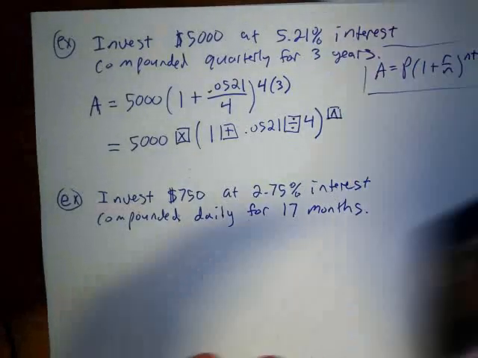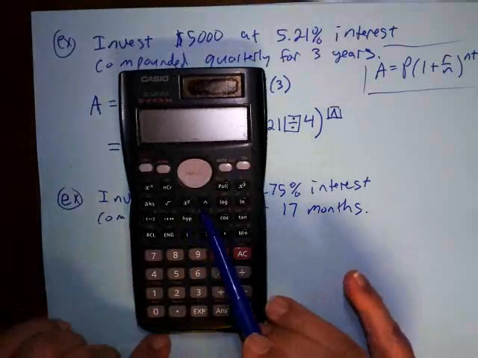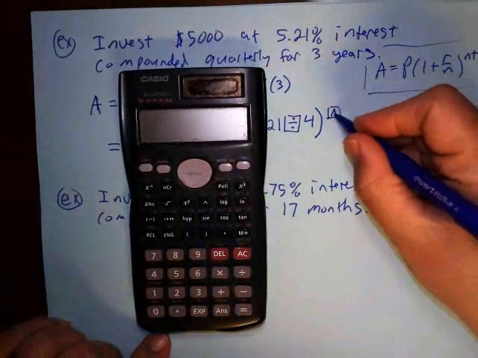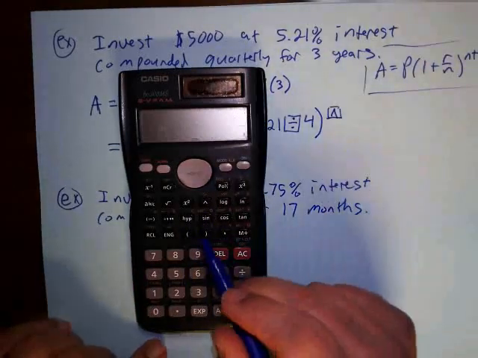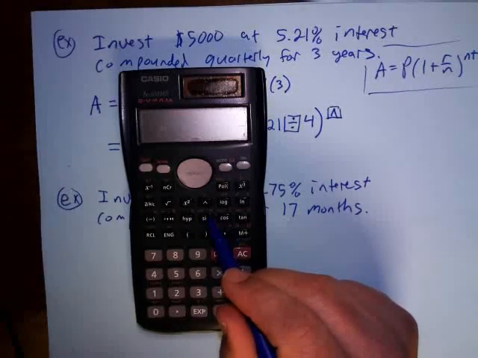And on this calculator, it's like a little arrow. It's right here, and it looks like an arrow kind of pointing up to where the exponent would go. Okay? And that's my exponent key. I think it's like that on the TI-30.